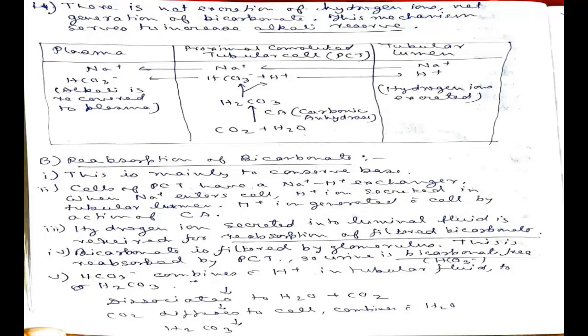Now this bicarbonate combines with H plus in tubular fluid to form carbonic acid. This carbonic acid dissociates to carbon dioxide and water. Now this carbon dioxide again diffuses from the lumen to the tubular cells where it combines with H2O and forms H2CO3 or carbonic acid.